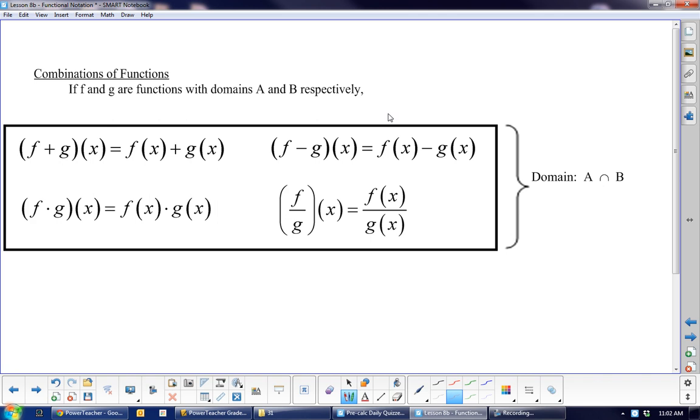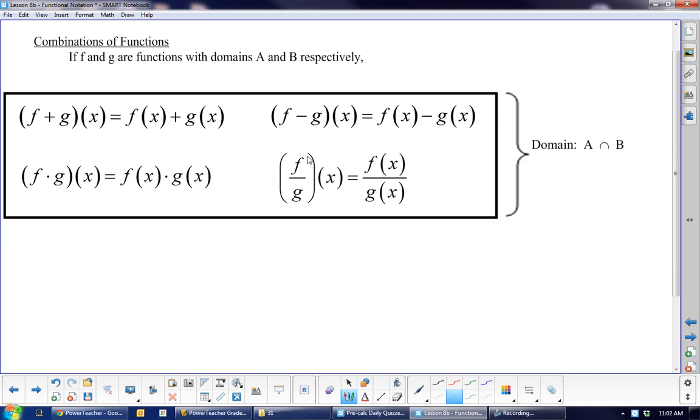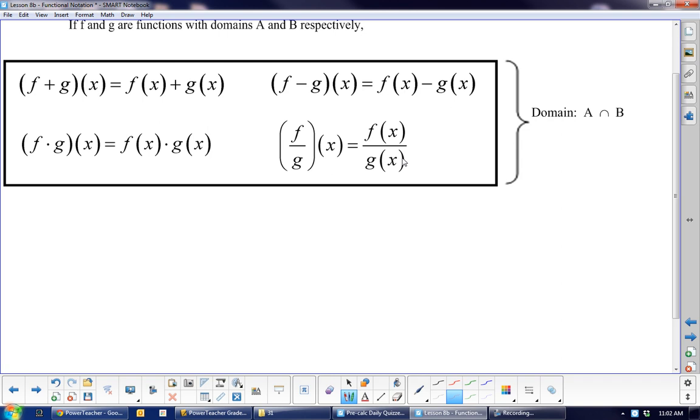Okay? So the domain of f of x and the domain of g of x, the intersection of the two, when you combine them, will be the new domain. Okay? Because they're together now, whatever used to work in the one may not work when they're together, because maybe it's a non-permissible value, and once they join up, if it's non-permissible in one, the other is not allowed to use it. Okay?